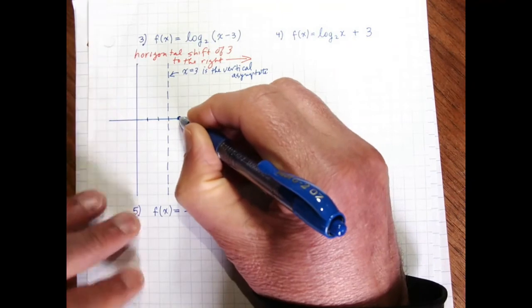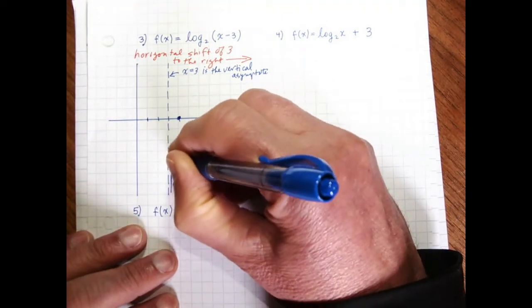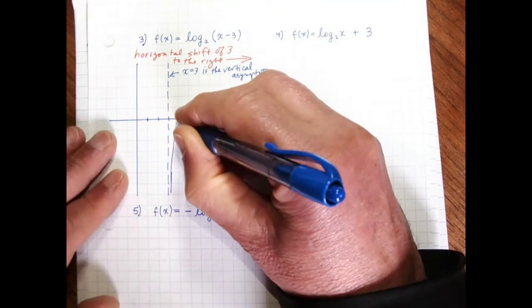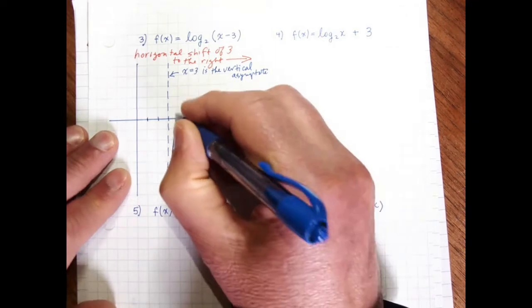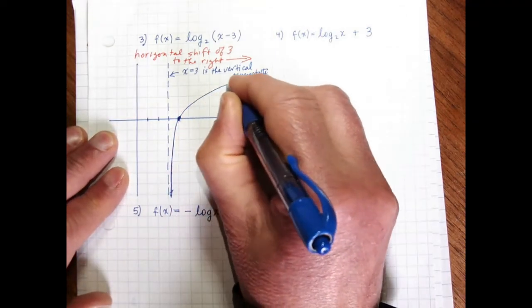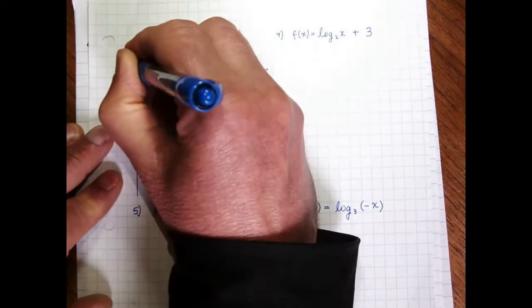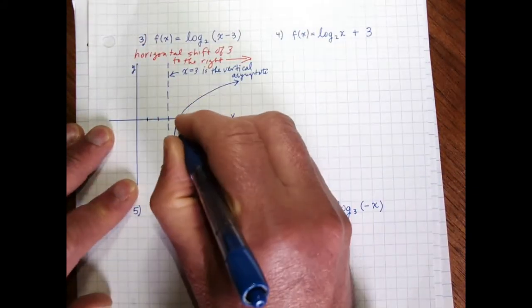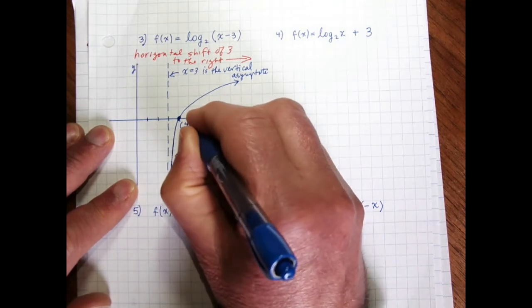The x-intercept is 1 unit over from that asymptote. So we're very close to the asymptote to the left of that x-intercept, plunging downward. We turn the corner, kind of take off, and there's my shape. So this x-intercept is actually the point 4, 0.